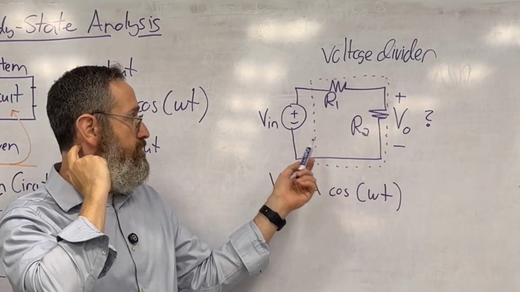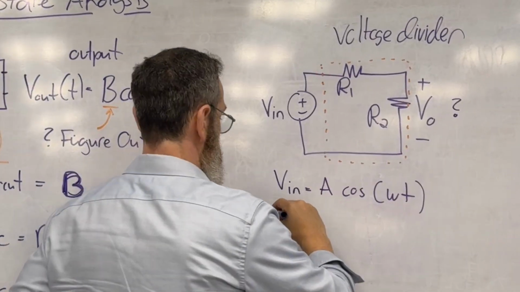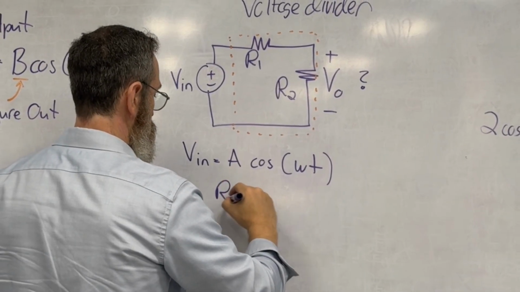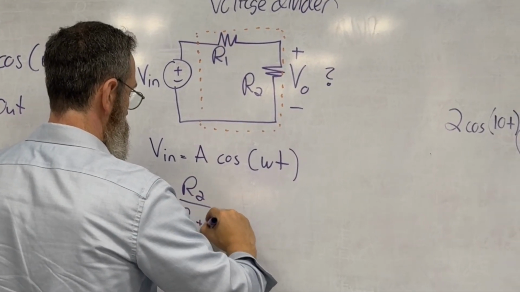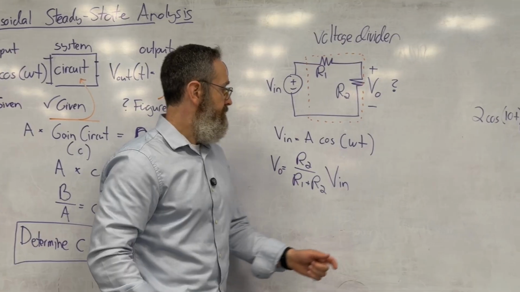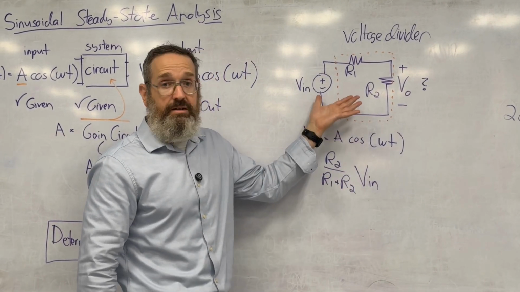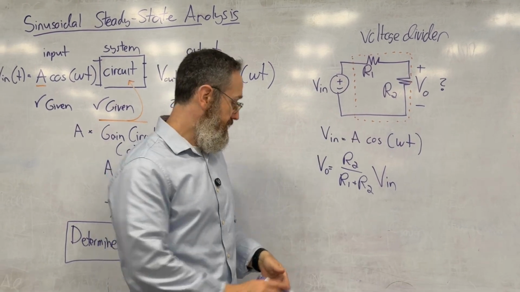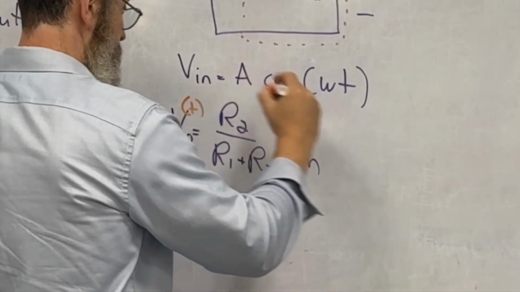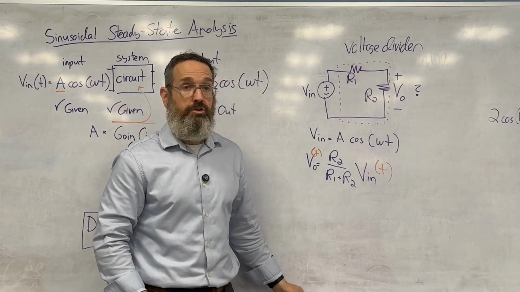Turns out we know the equation for a voltage divider, and that equation is V out is going to be R2 over R1 plus R2 times V in. We're used to seeing this for a DC input, but it is also the case that if this is a function of time and this is a function of time, it's still the correct equation.